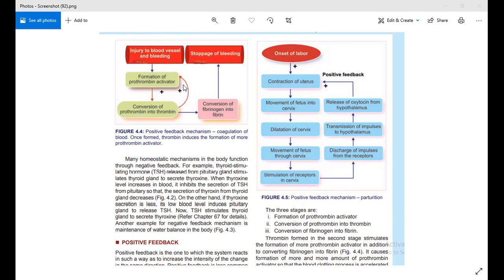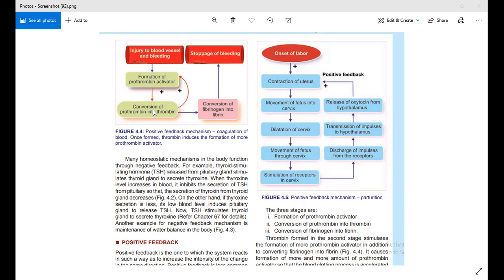That's why this red arrow is going back. It will go back again to strengthen this process, to repeat this process, not to stop it, but to activate it again. Because it is going back to activate this process, we'll call it a positive feedback.